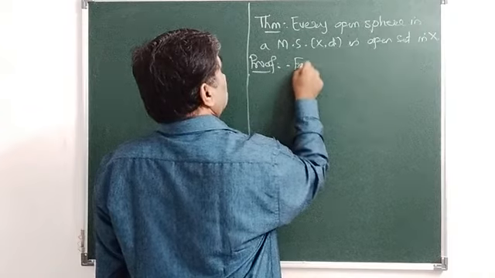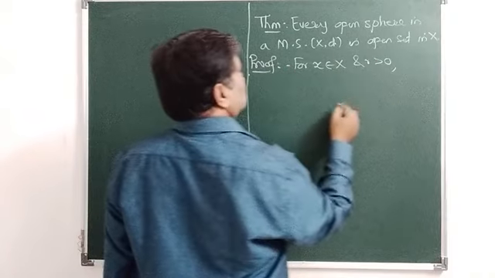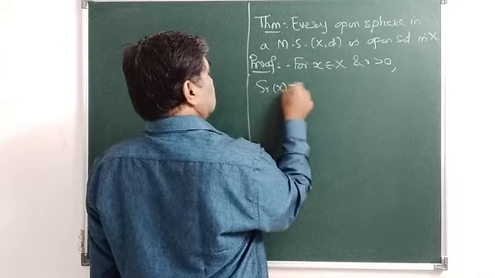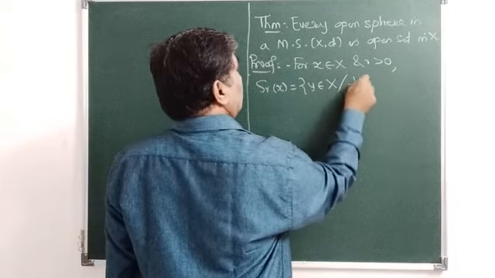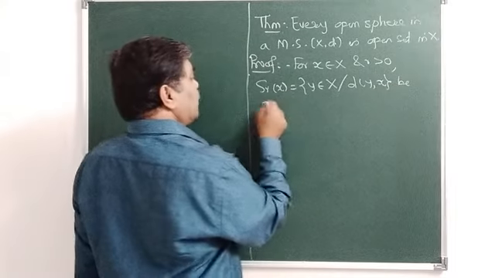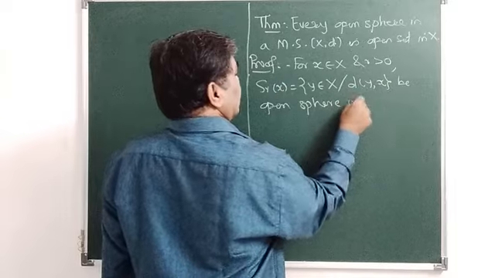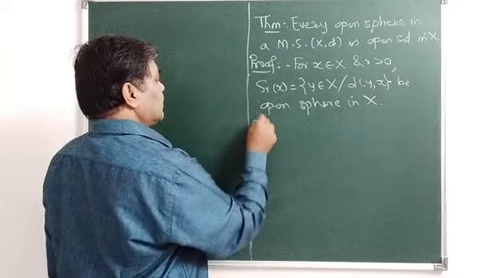For x belongs to X and r greater than 0, S_r(x) is equal to {y belongs to X such that d(y, x) is less than r}, the open sphere in X. What is our claim?